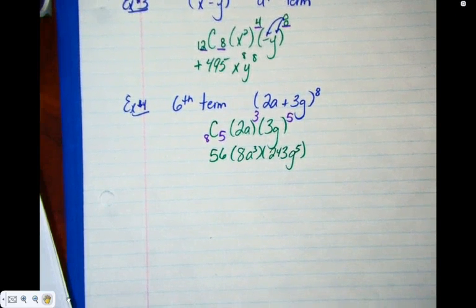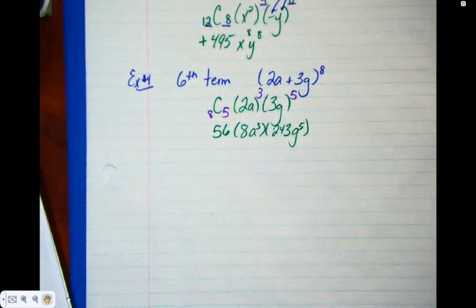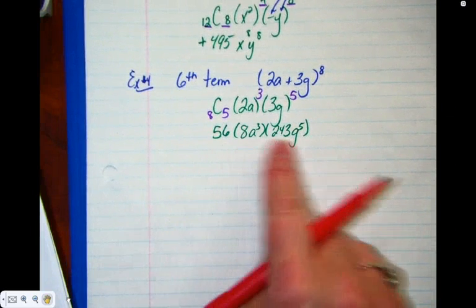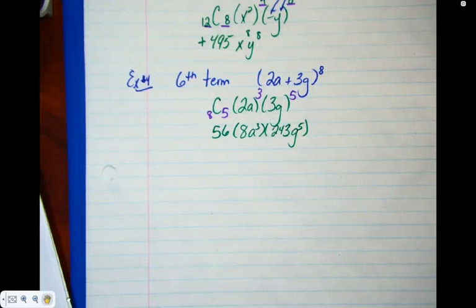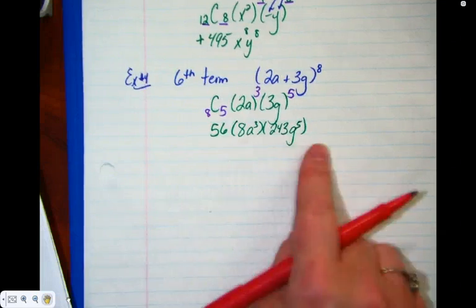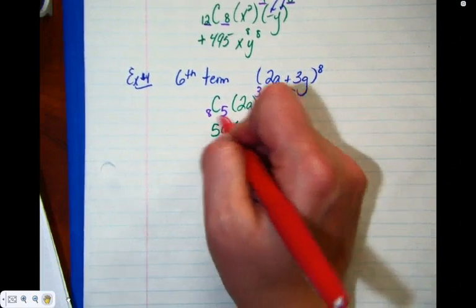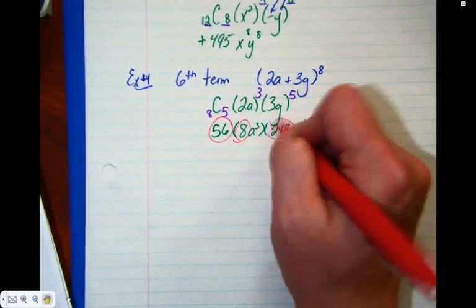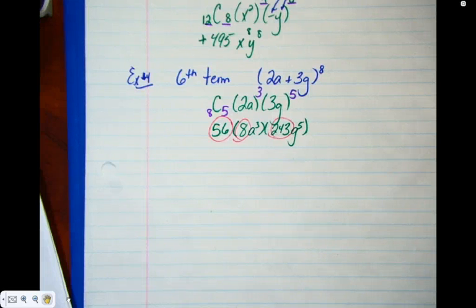And what do I do as the very last step? Kind of. I don't need to distribute because I don't have any plus or minuses. Not quite done because I got numbers all over here. I got a 56 and I got an 8 and I got a 243, and what do I need to do with all of those? Multiply. I need to combine them, multiply them all.